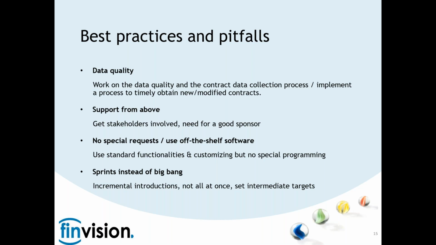So that's already one of the issues. And the second one is to have all the details of the contract and the right ones, and also have all the modifications. Even before the transition date, a contract can be modified, so you have to know it. So it's very important to work also on a process to get the data quality in the right way.